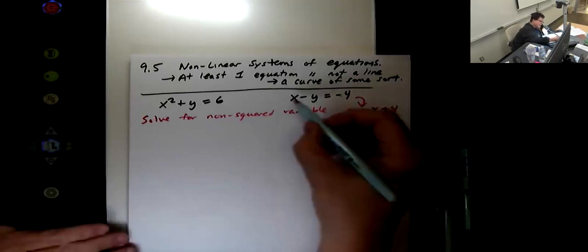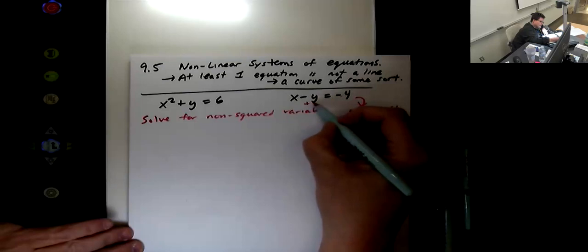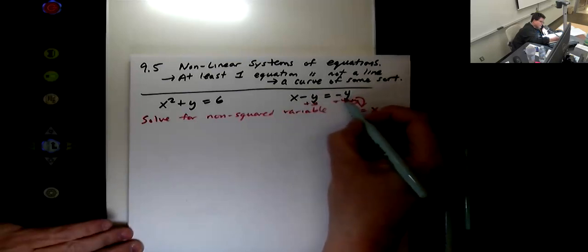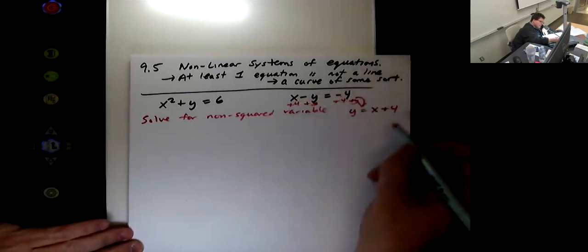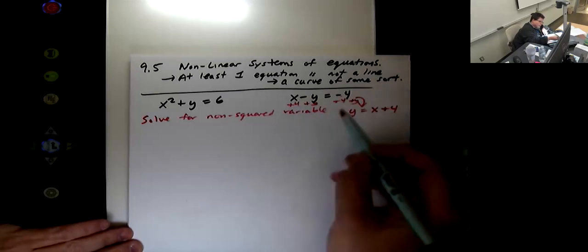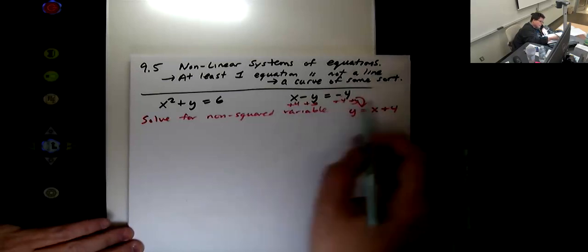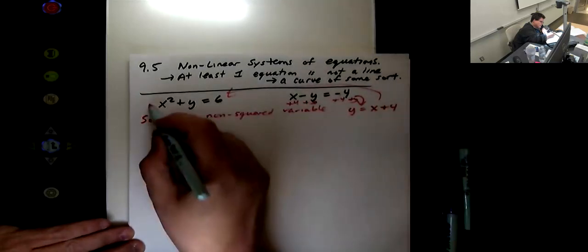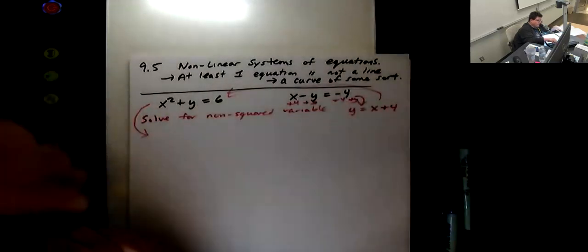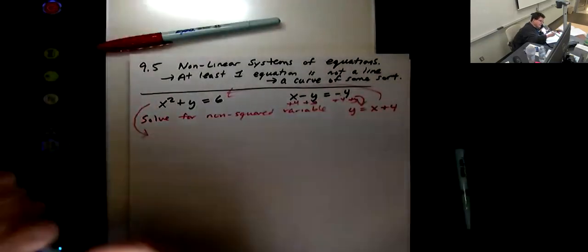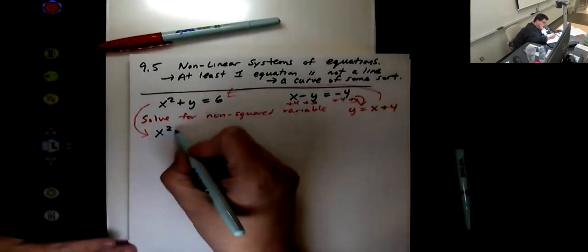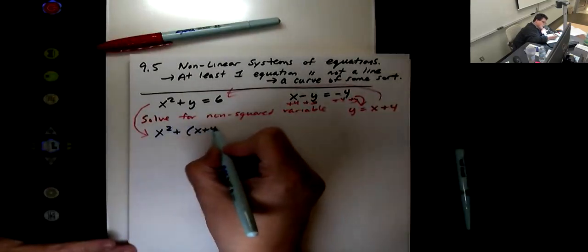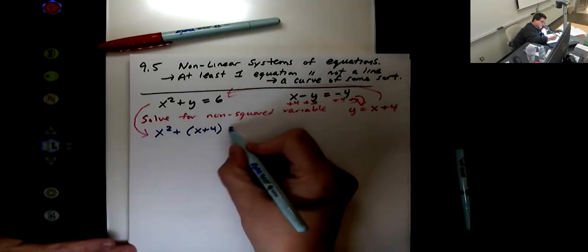You can get that by adding y to both sides and adding 4 to both sides. What we're going to do is take that and plug it in up here. And if I do, I get x squared plus x plus 4 equals 6.